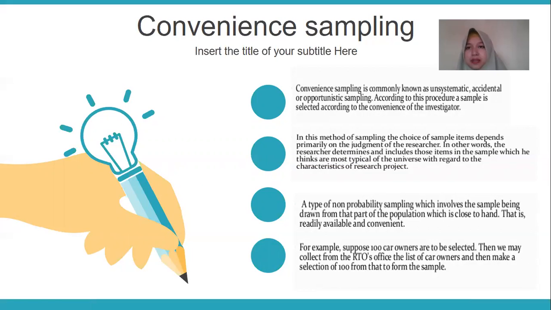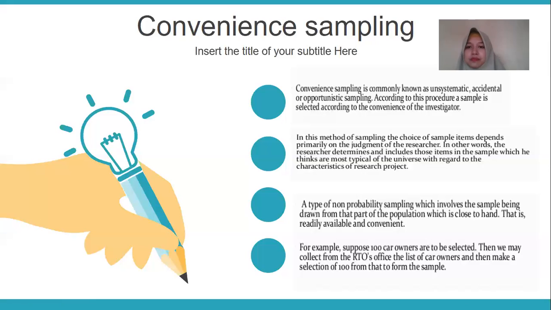According to this procedure, a sample is selected according to the convenience of the investigator. In this method of sampling, the choice of sample items depends primarily on the judgment of the researcher. In other words, the researcher determines and includes those items in the sample which he thinks are most typical of the universe with regard to the characteristic of the research project.